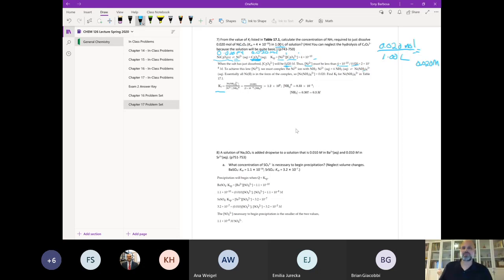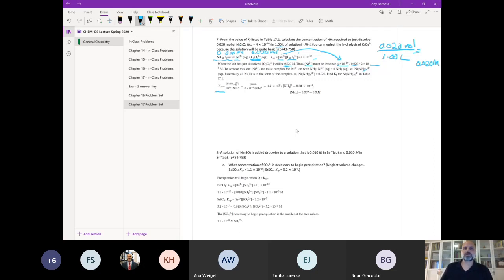But anyway, what you needed to do is just plug these concentrations into the Ksp equation here. When you plug in the Ksp and solve for the nickel, that's what this equation is right here. You need 2 times 10 to the minus 8 for your nickel concentration, I'm sorry, not 4 times 10 to the minus 10. And that's what you're going to solve for.